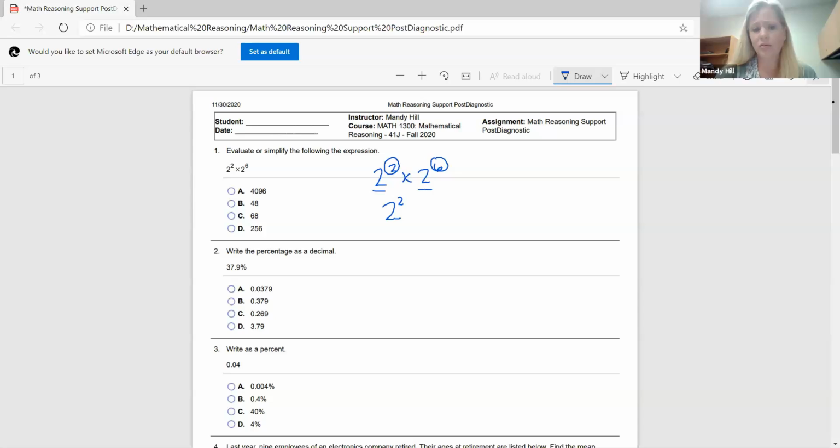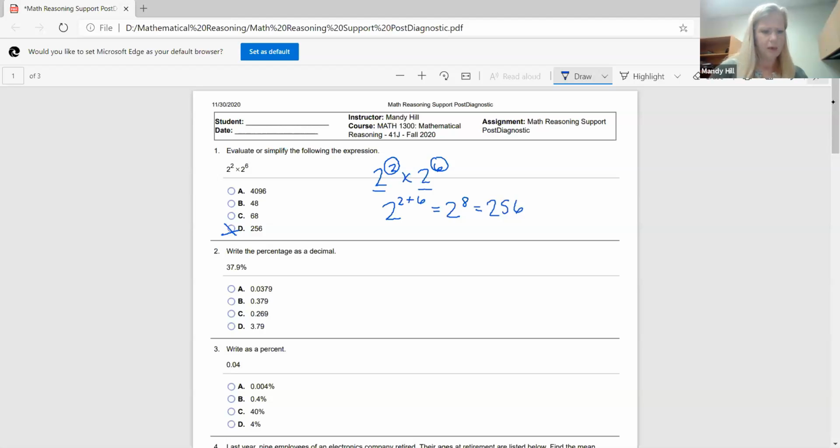So this would be 2 to the 2 plus 6, which is 2 to the 8th power. And then you could just type that part in your calculator, which is 256. So D would be the correct response on that one.